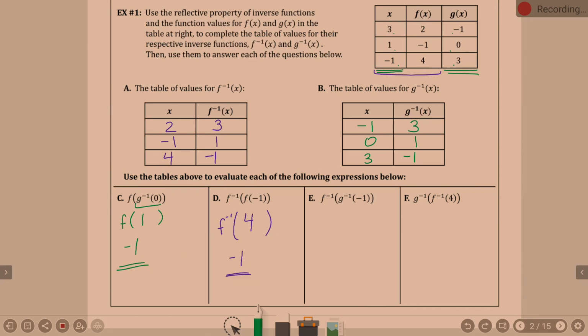Okay, f inverse of g inverse of negative 1. So g inverse of negative 1? 3. f inverse of 3. 2. Are we stuck? Stuck would be a good way to put it. Why are we stuck? f inverse of 3, we don't have an x value of 3.